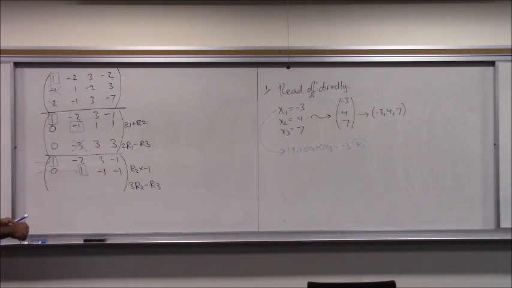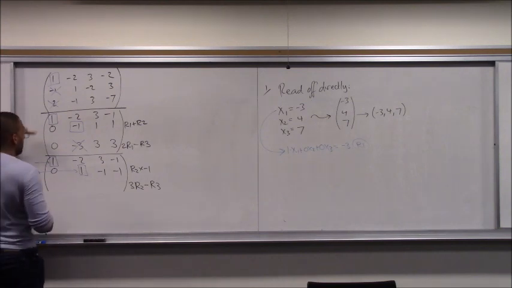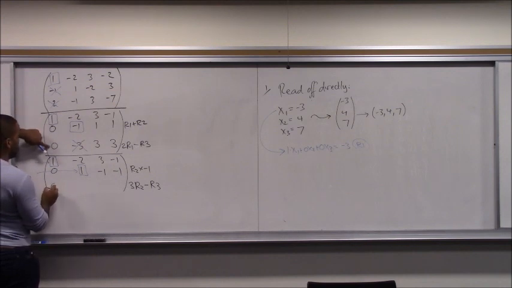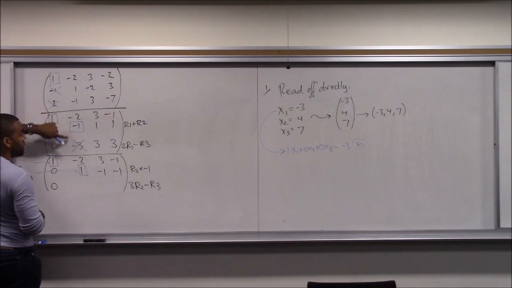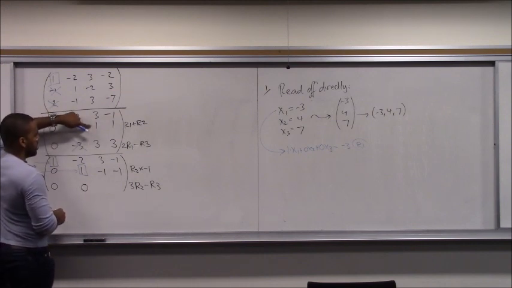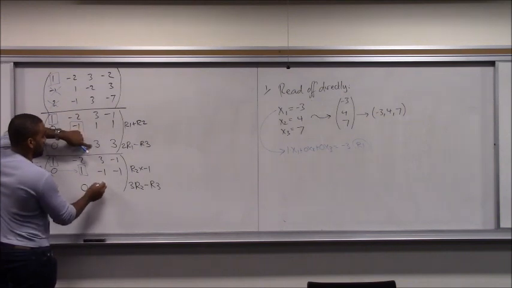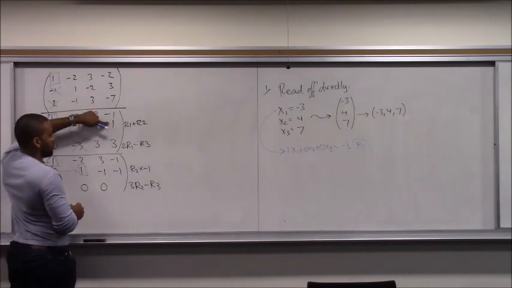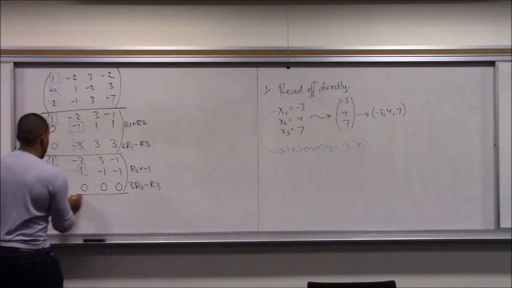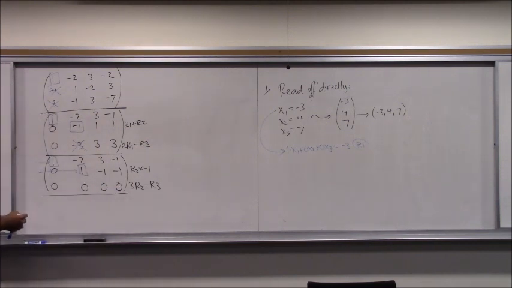What am I allowed to do? And what's the best way to get something that I want to happen? So yeah, multiply this by 3, I get a -3. Multiply this by 3, subtract that, I get 0. The 0 stays, which is good. Multiply this by 3, I get -3, subtract that, 0. Multiply this by 3, subtract that, 0. So now I end up with a row of zeros.